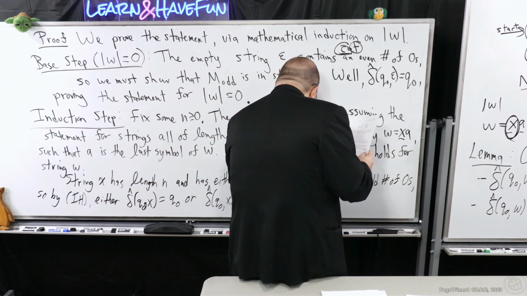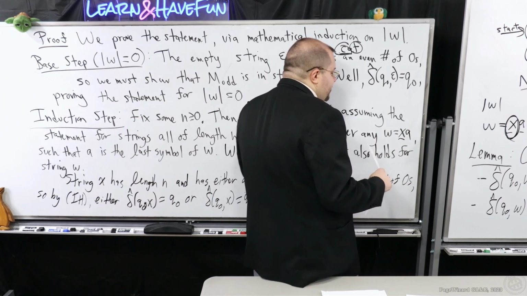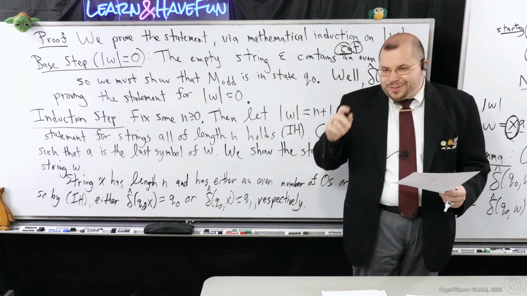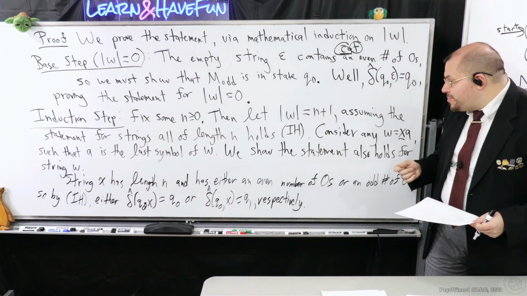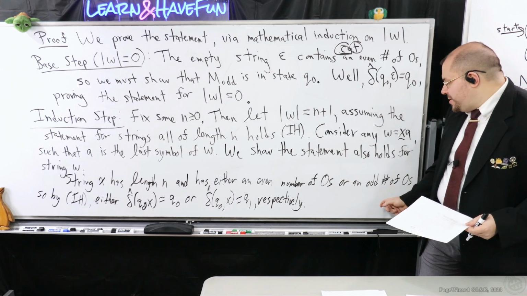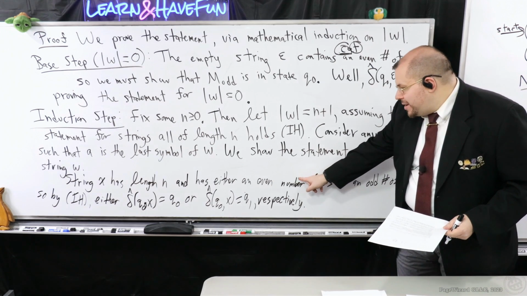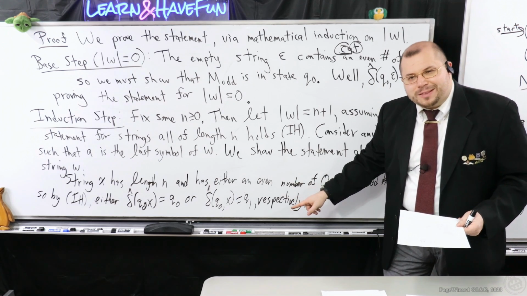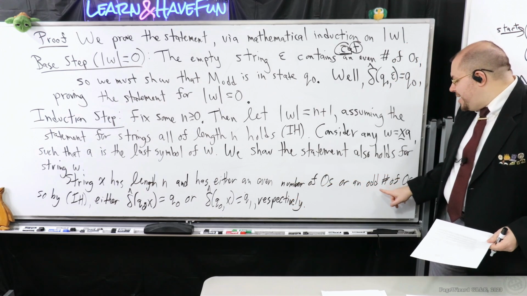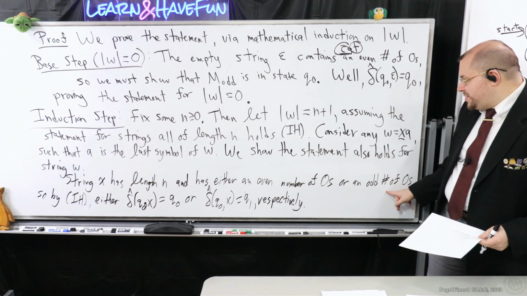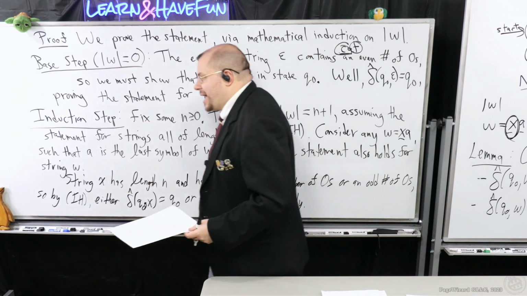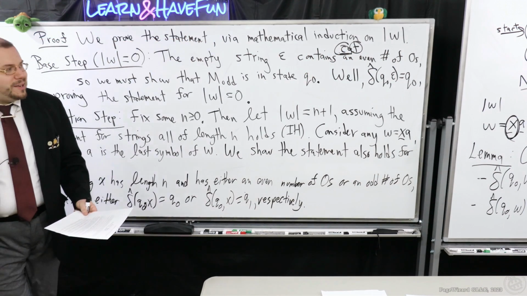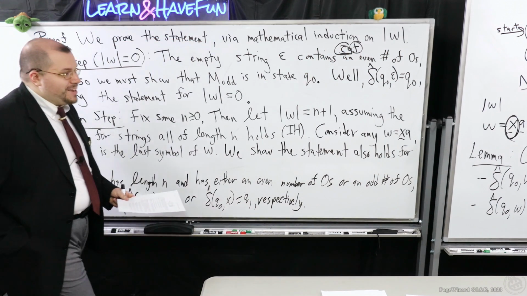That's what we can say. Why? Because whenever the string has an even number of zeros, what happens? Even number of zeros, it's in Q0 for X. That's what the induction hypothesis would say. And when it has an odd number of zeros, X has to be in Q1. That's what the induction hypothesis tells us.